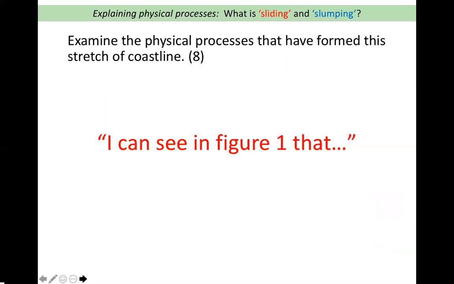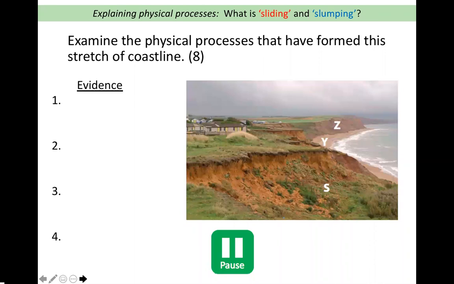So you're going to say at the start of your answer, and this is a good way to start any kind of suggest question with a figure or an examine question, so examine is the command word, and then you can also use this for suggest questions. At the start of all of your answers, you should try and say, I can see in figure 1 that, and this forces you to pick out evidence and immediately give that evidence at the start of your answer.